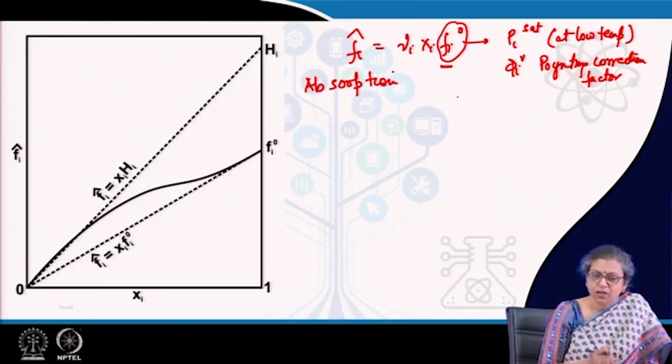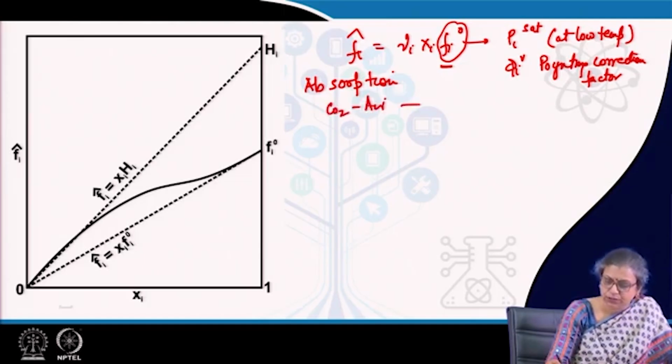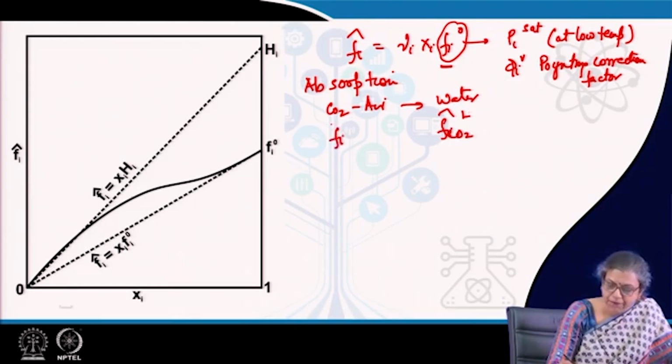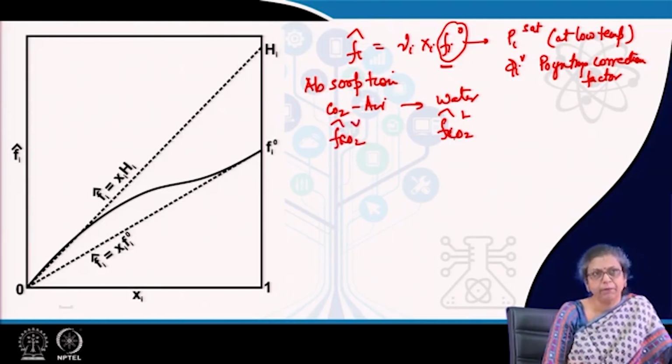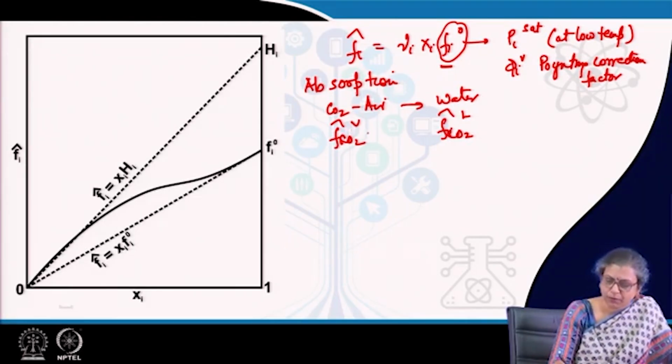So, if it is carbon dioxide and air in contact with water, we need to find out FCO2 in the water phase, or the liquid phase, and FCO2 in the vapor phase, and then we need to compare to find out whether at all we can do absorption or not. For the vapor phase, it is not at all a problem.